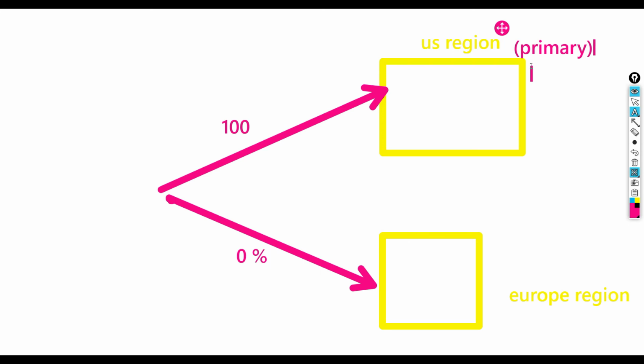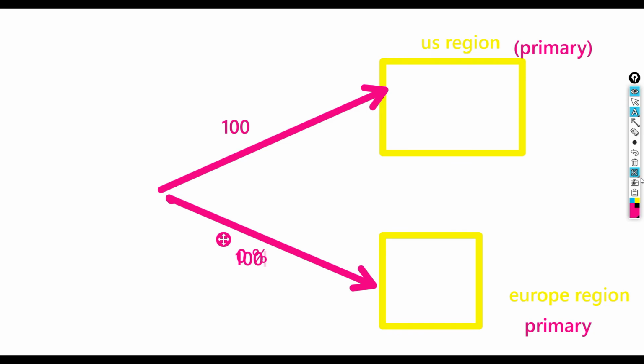If for some reason this server goes down, then immediately the European region will be made primary, and the internet traffic will be routed to the server running in the European region, right? So this is how the failover routing policy works. It will always make one server primary and another standby, and based on health, it will make the standby primary when the primary goes down.